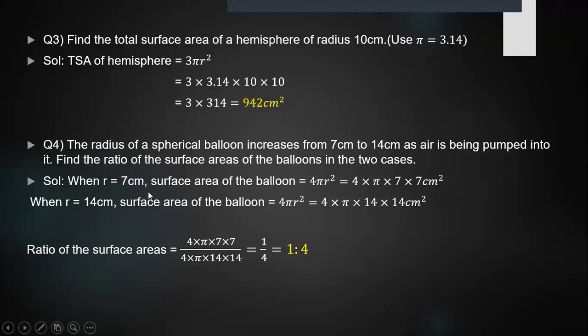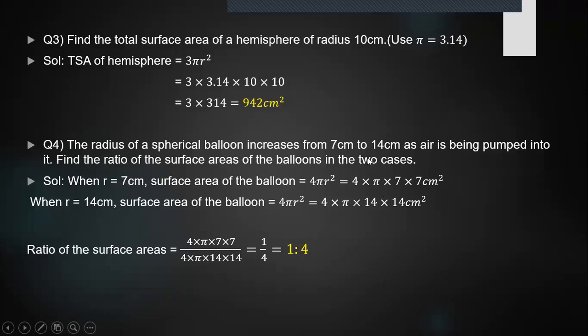So here, when r is equal to 7 centimeters, the surface area of the balloon is equal to 4 pi r square, which is 4 pi into 7 centimeters square. When the radius increases to 14, the surface area of the balloon will move to 4 into pi into 14 centimeter square.